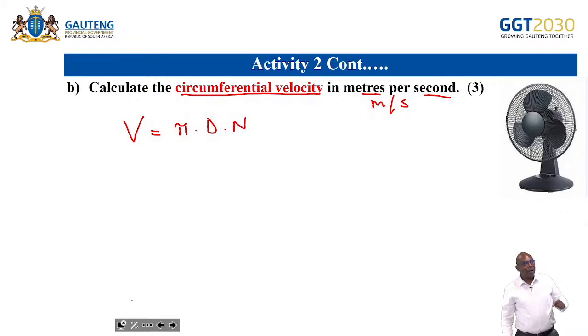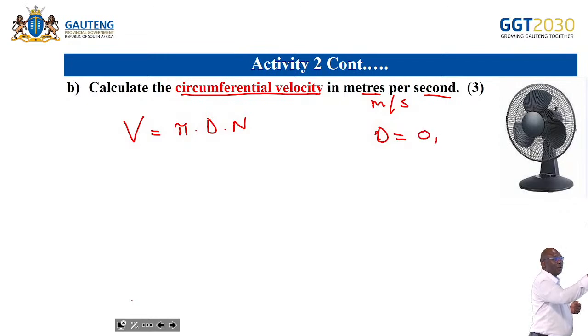Now the first thing you need to do is write down what is given. Do I have a diameter? In this case, no, because I have a radius, and the radius that was given was 0.6. So my diameter will be 0.6 multiplied by 2.